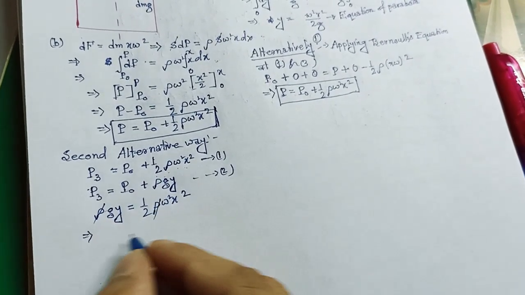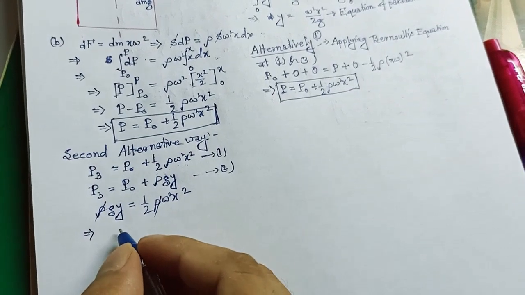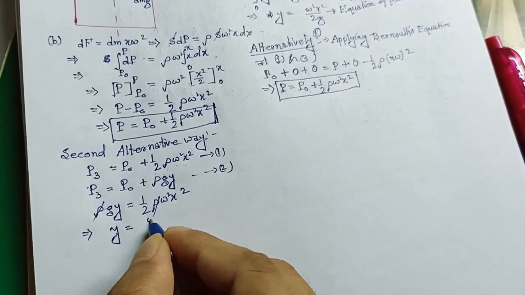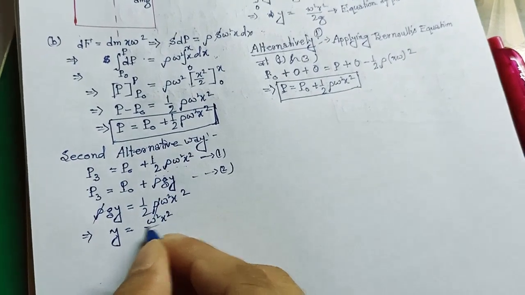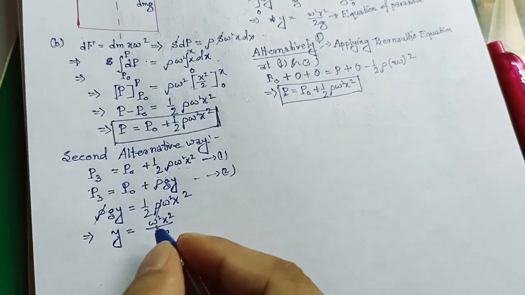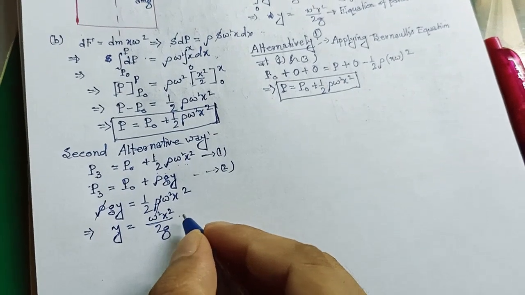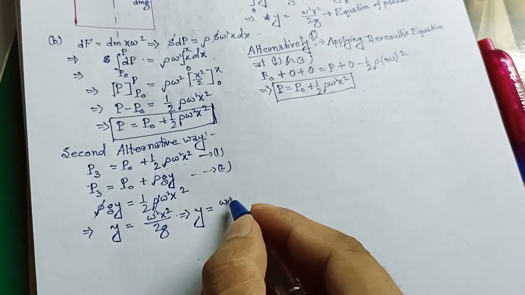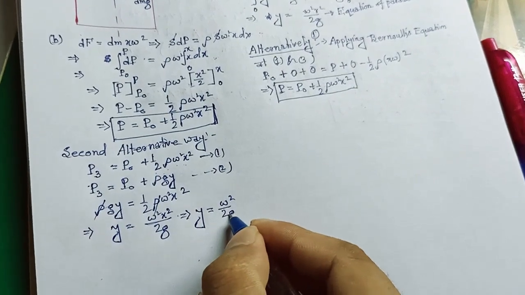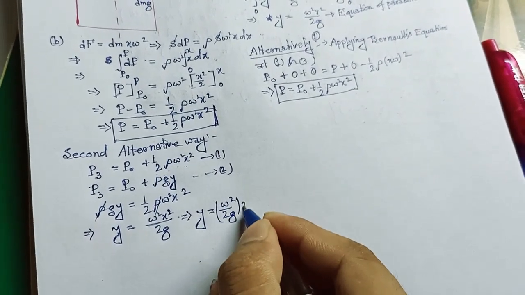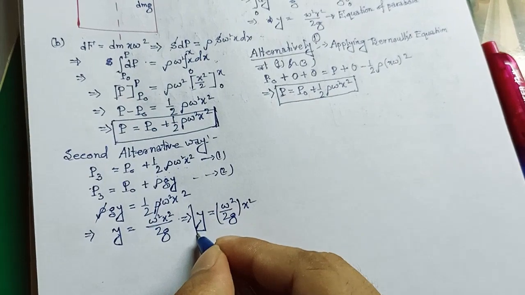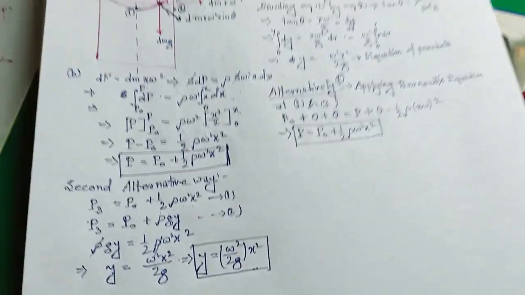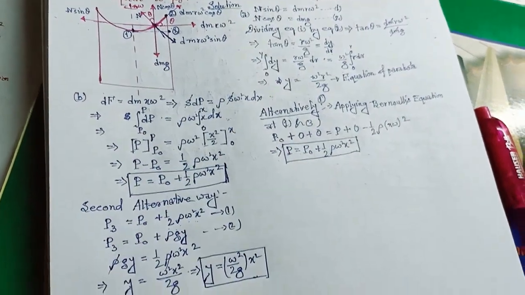If we cancel the rho from each side, then we can write y will be omega square x square divided by 2g, or we can again write y will be equal to omega square divided by 2g into x square. So this is the relationship between the x coordinate and y coordinate in our system.